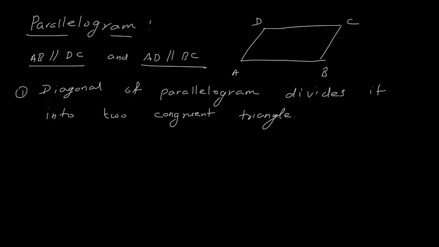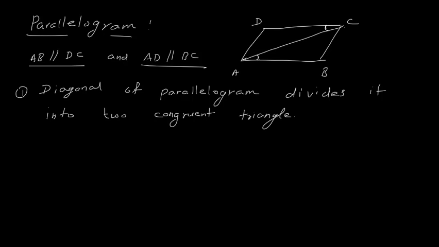You can prove it. How can you prove it? This angle BAC and angle DCA are going to be congruent because they are alternate angles. Side DC and side AB are parallel.